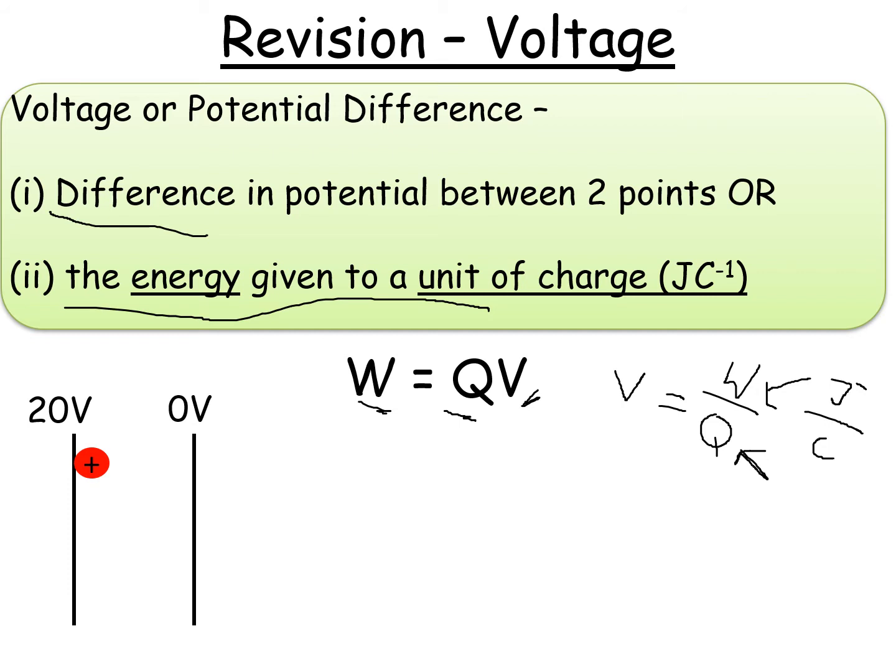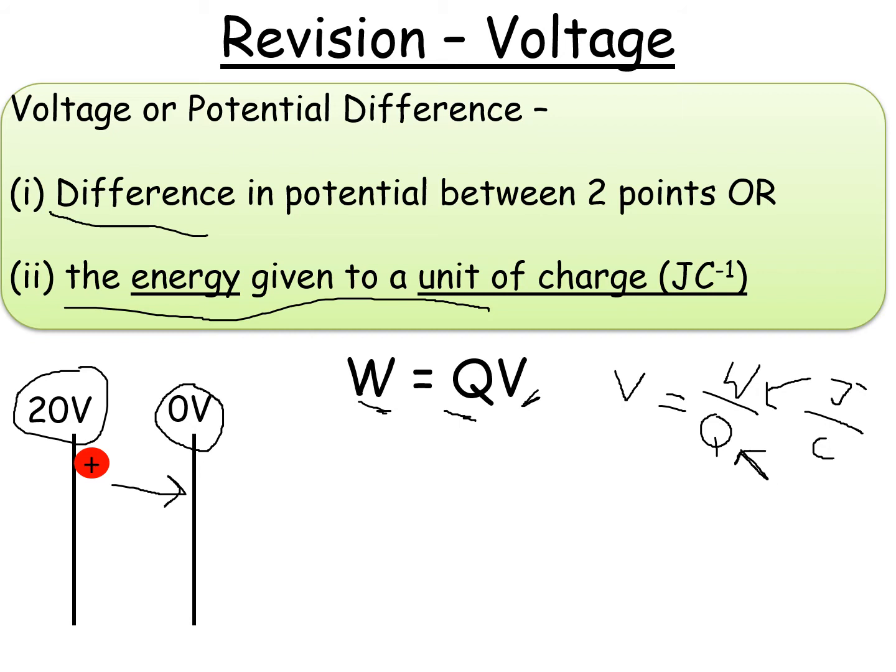So for example here, what's the potential difference? Well, you've got a potential of 20 volts here and 0 volts here. So to get the potential difference, we subtract them, and we always assume the charge is moving from a high potential to a low potential, and that the difference is always given by the final minus the initial.